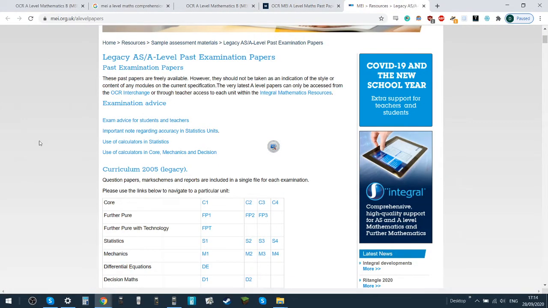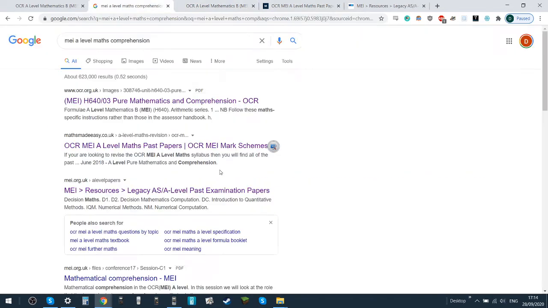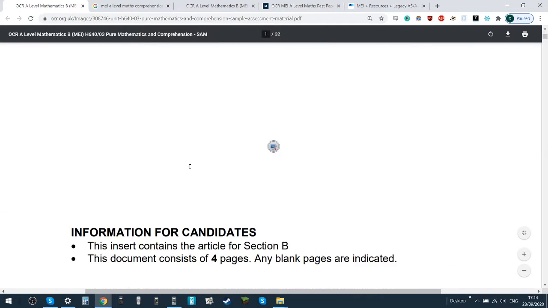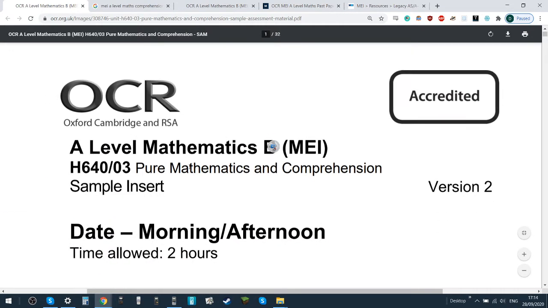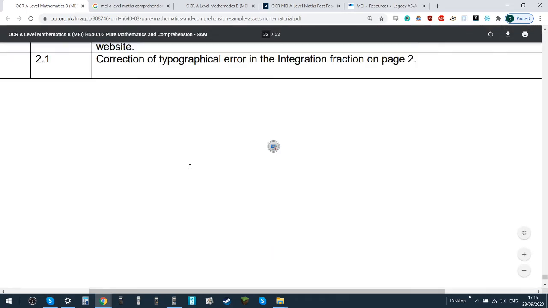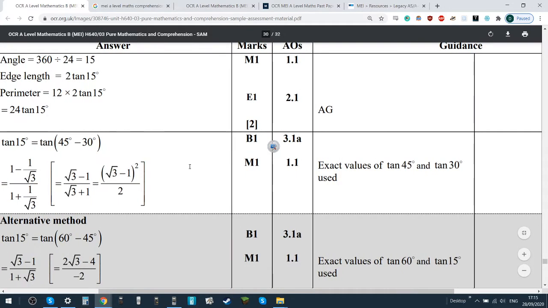So I got this one. Oh, this is a sample one. Mark scheme. So we had 12 and 13, I think.